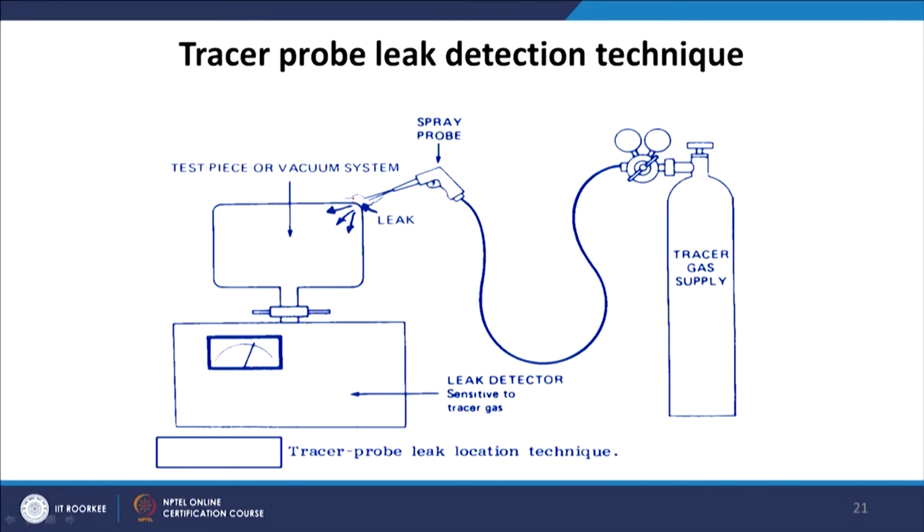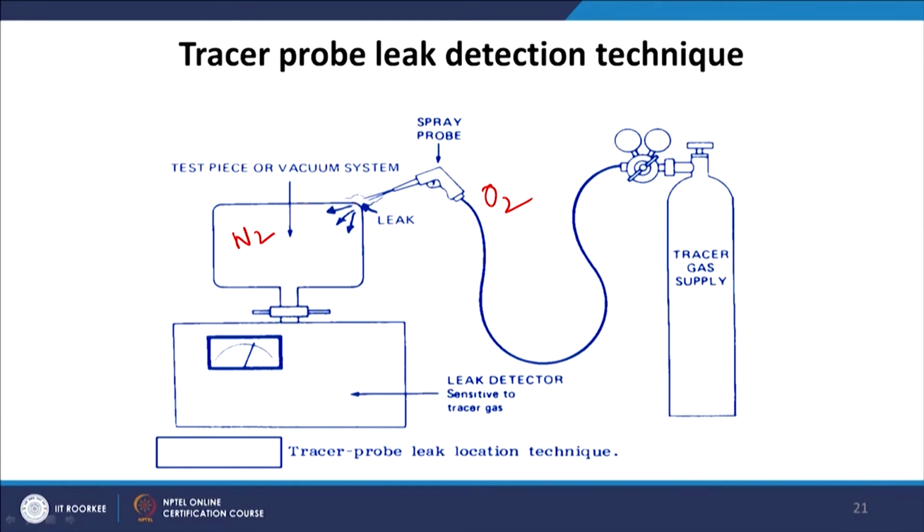Or let us say this chamber is full of nitrogen gas, and here I am using an oxygen gas cylinder. This chamber is connected to this leak detection unit. Since it works on thermal conductivity, I will see a deflection based on the nitrogen gas thermal conductivity. Now, I have this probe and I am moving it throughout this chamber.